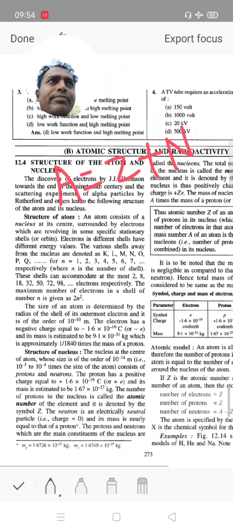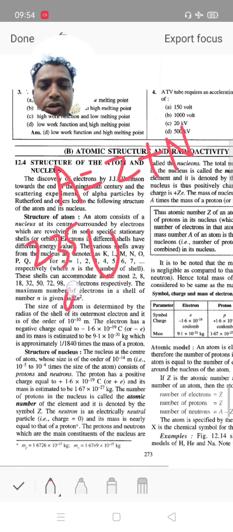Another example, we calculate the number of neutrons present. Suppose uranium 235, 92: atomic number 92 and mass number 235.